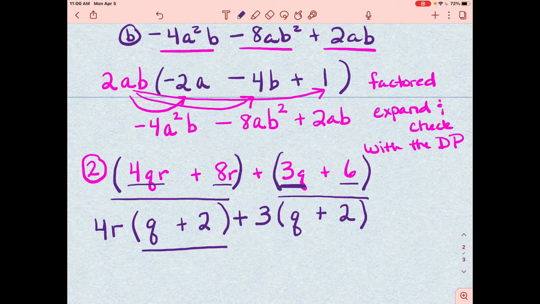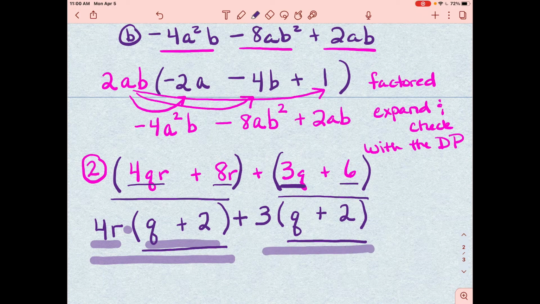This is interesting because look what's happened. Q plus 2 is the same in each of these. And this is really unique because this is all multiplication. 4r times q plus 2. There are 2 factors here, 1, 2. And then 3 times q plus 2 is a factor because it's all multiplication, 3 times q plus 2.